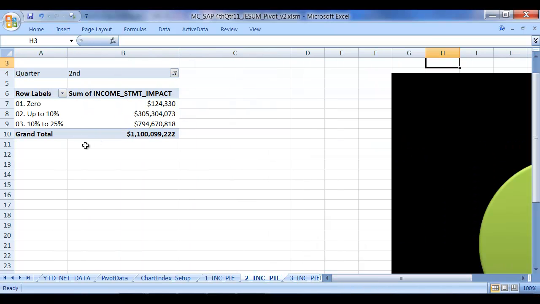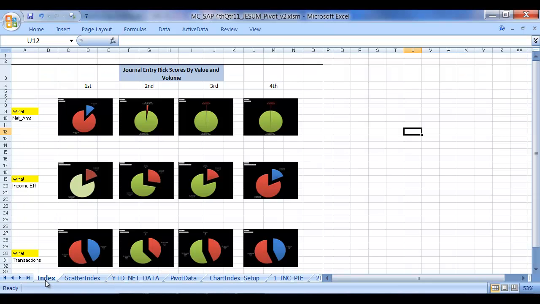In essence, we've identified, of the journal entries, how many of them had an income statement where the risk score was 0 or up to 10% or 10 to 25, etc. And by stratifying it this way and looking at the trending over time, we can also try to understand where those certain strange breaks might be in the quarterly analysis.